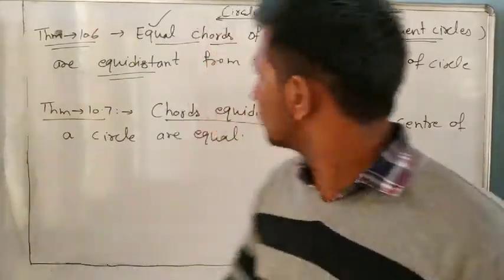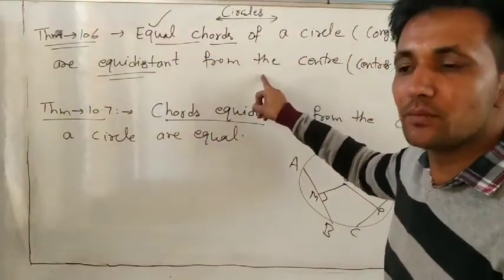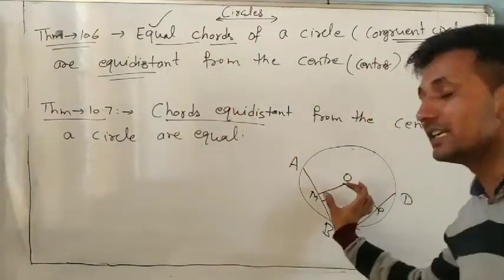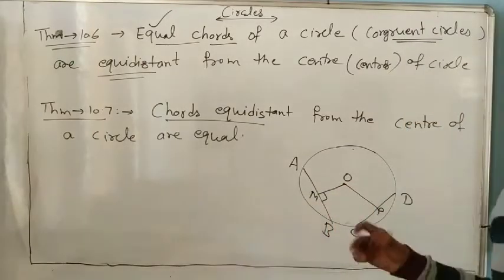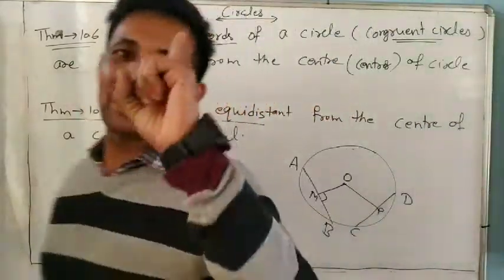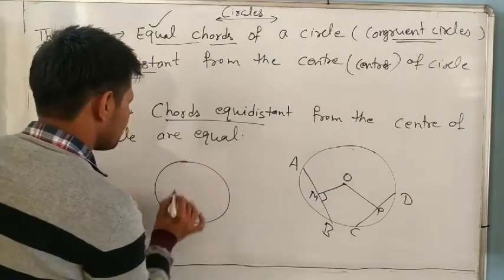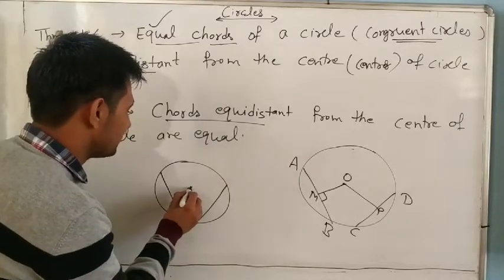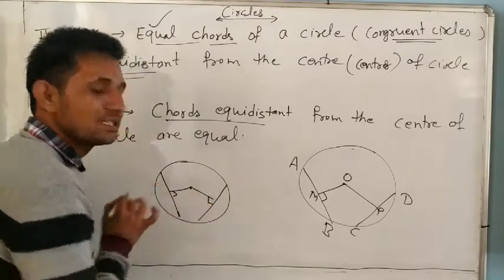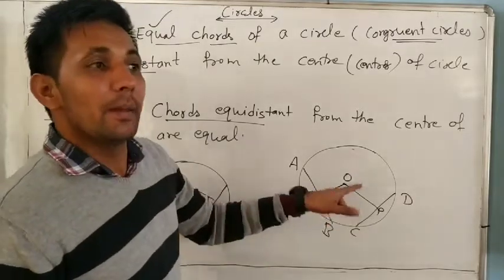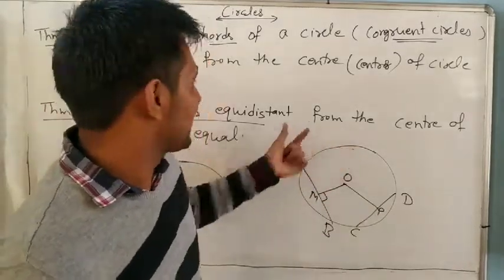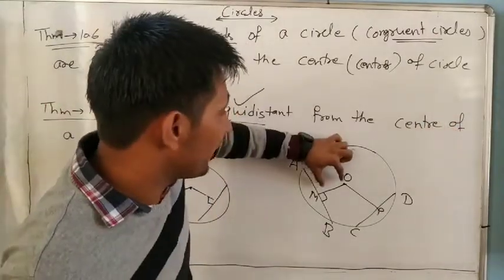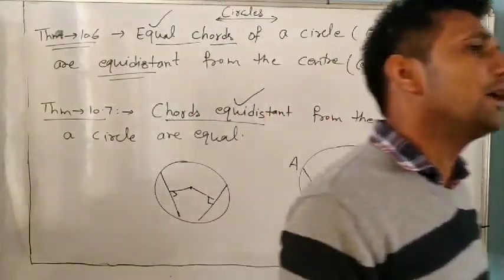So always remember the opposite of 10.6. In 10.6 chords are equal, it means the distance from the center is equal. Here the distance from the center is equal, so it means chords are equal. So always remember in a circle, if two chords are equal, the distance from the center is always equal. And the opposite of this one: if chords are equidistant from the center, if OM equal to OP, then the chords are equal.